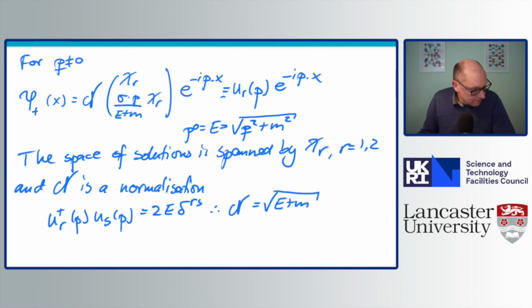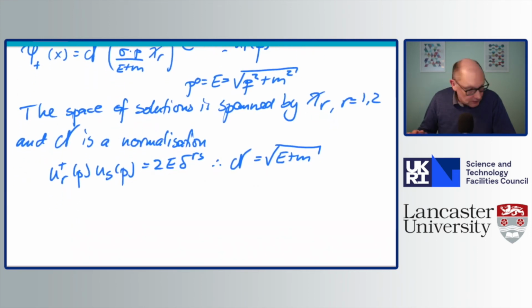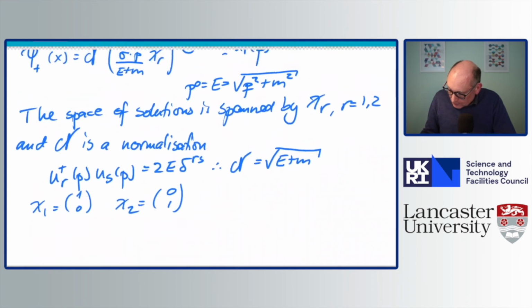Now the spinors psi 1 and psi 2 cover the 2 degrees of freedom that are left in the solutions. We'll see that they correspond to the spins, but we'll see that later. So psi 1 is simply 1, 0, and psi 2 is 0, 1. So that's the positive energy solutions.